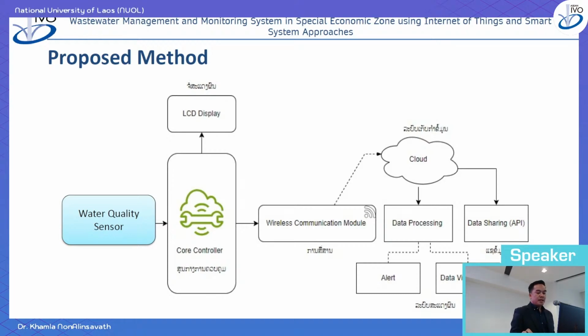And then we have real-time response using data processing and data sharing. Then we will send a notification to the user when an irregular situation happens around the area of the wastewater.